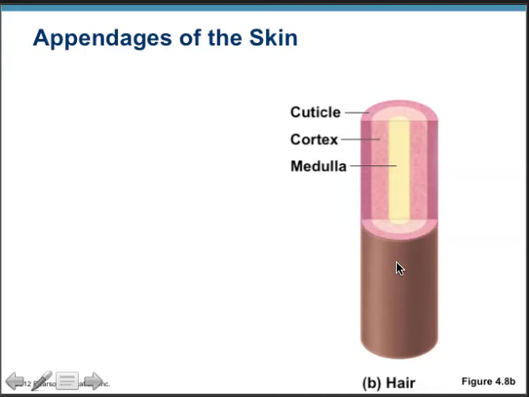And this is primarily due to the rearrangement of very strong covalent bonds in the keratin protein called disulfide bonds, which only occur between cysteine residues in the hair keratin.